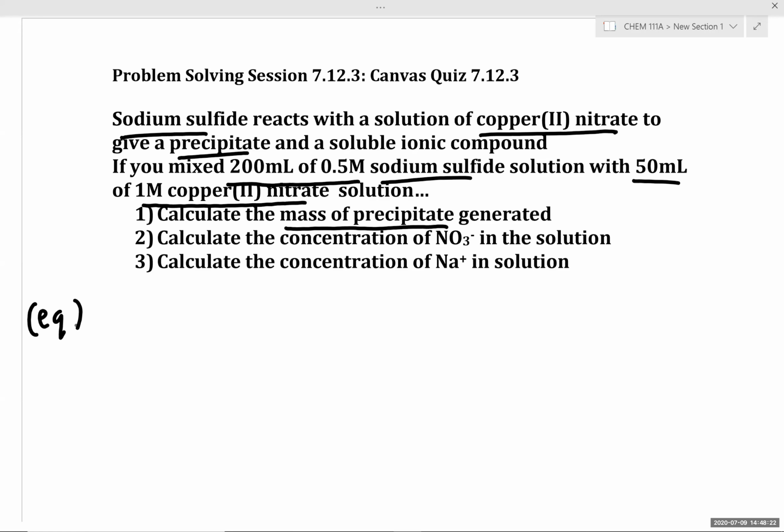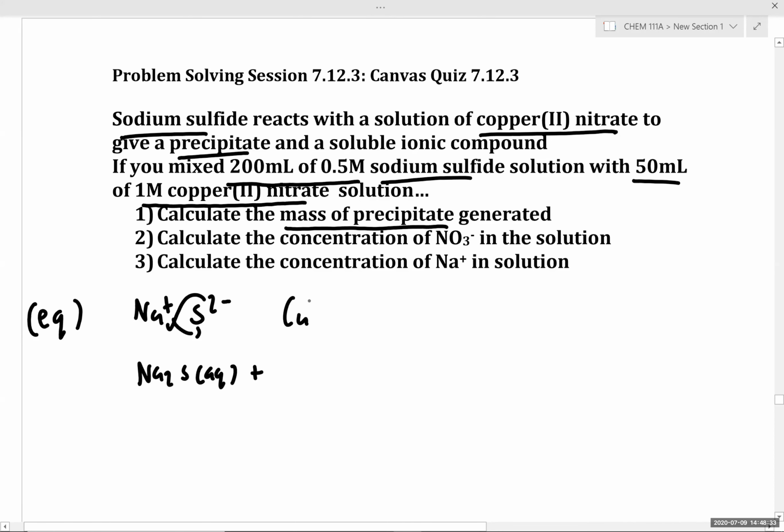Okay, so let's discuss. Sodium sulfide: crossing Na+ and S2-, that gives us Na2S aqueous, sodium sulfide. Copper 2 nitrate: we have Cu2+ and NO3-.